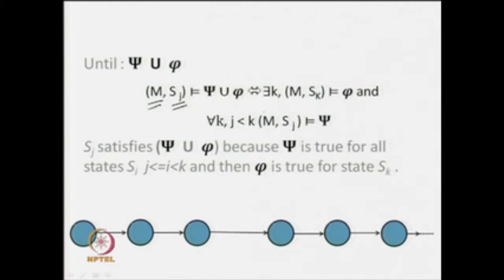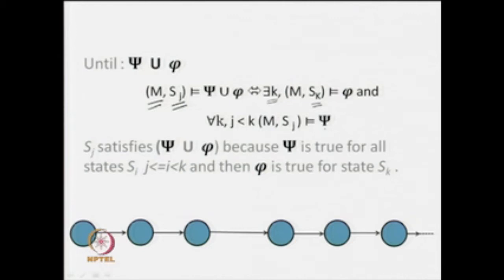It will hold if there exists some k, some state S k, in model M where phi holds, and for all other i where j is less than or equal to i and i is less than k, S i models psi.